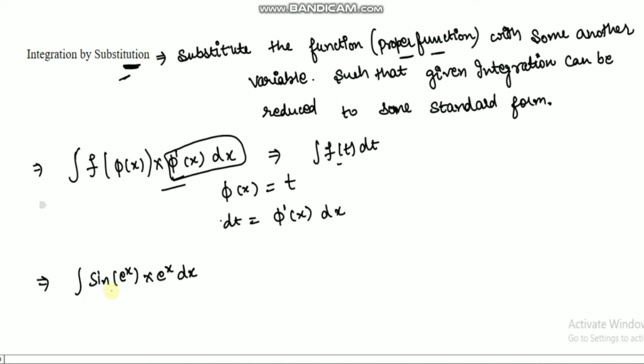Here we have sine of e raised to power x, that is a function of another function, and here we have the derivative of that function, because we already know that the derivative of e raised to power x is e raised to power x. So we can consider e raised to power x as phi of x, and this as phi dash of x dx.